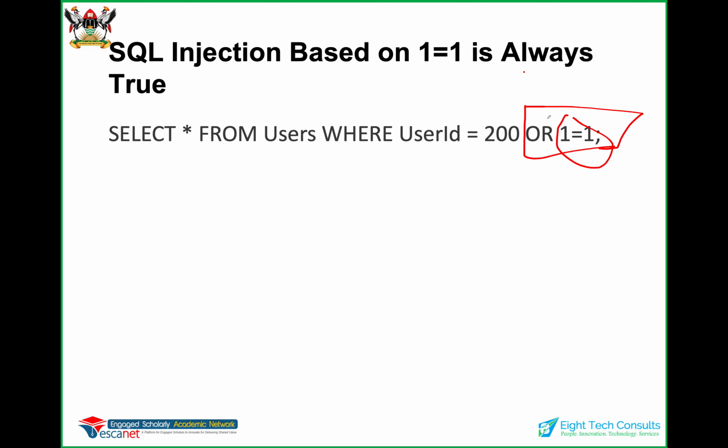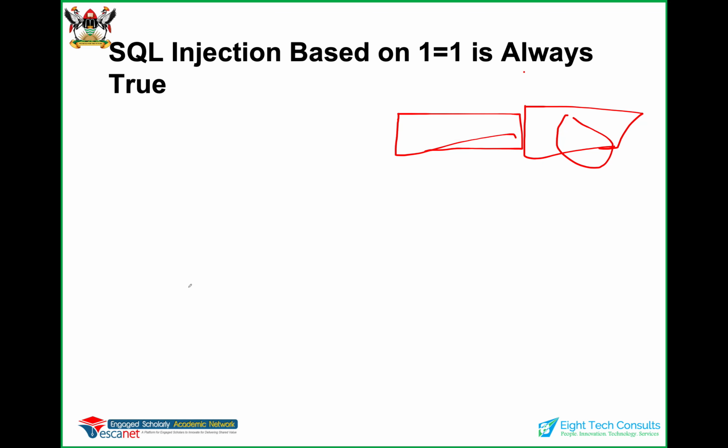So if someone manages to add 1 equals 1, this will make the whole condition true, and he will be able to access all the users in the table of users. It will make the user ID condition pointless because the OR condition will make it always true. So if someone can insert this OR 1 equals 1 into our SQL, it means they have performed an SQL injection.